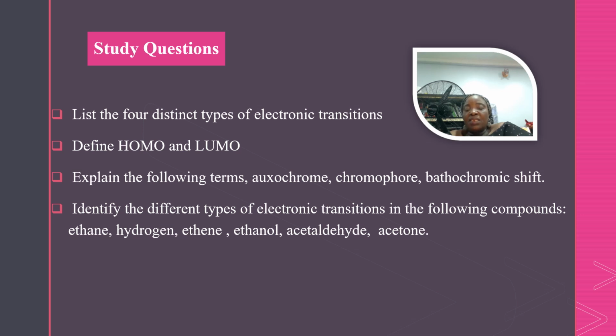When you identify them, try to know the types of transition that can occur in them, whether it's sigma to sigma star transition, pi to pi star transition, n to pi star transition, or n to sigma star transition. These are the questions that are very difficult for students. Learn this lesson. It will benefit you.